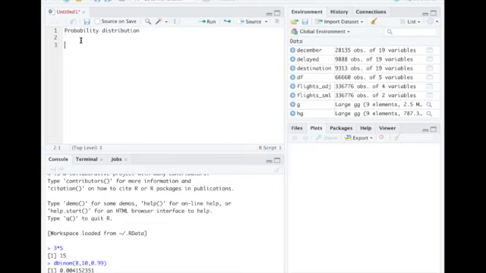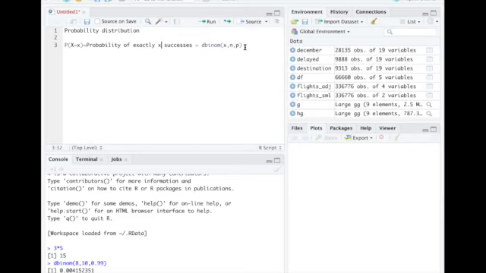When we're dealing with a probability distribution, this is saying what is the probability of exactly 8 successes, right? And that's what the formula would look like. So this is going to tell me the probability of getting exactly X successes.